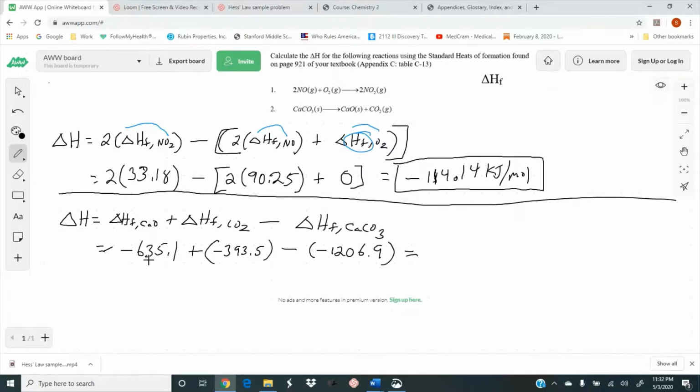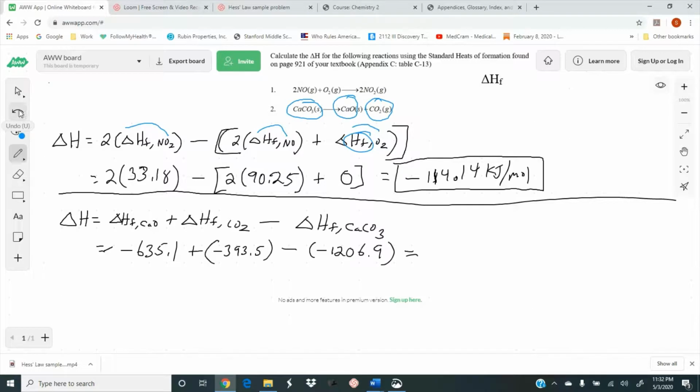Heat of formation of calcium oxide, that's changed to blue. This is the equation that we're doing. So calcium oxide is this one. That's its heat of formation. Then plus the negative 393.5, that's the carbon dioxide. So we've got the two products first, and then we subtract the reactant, calcium carbonate.